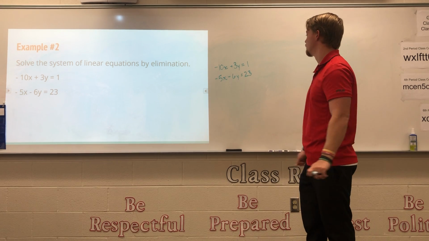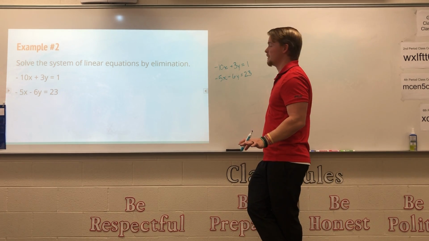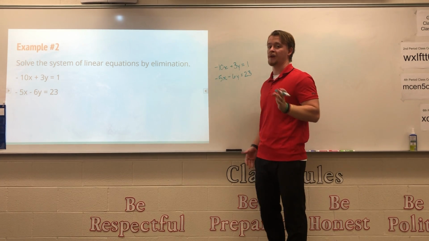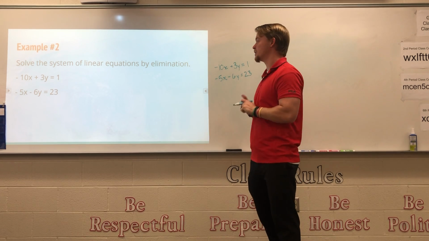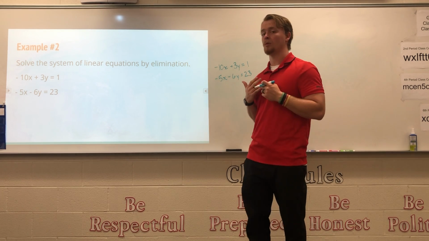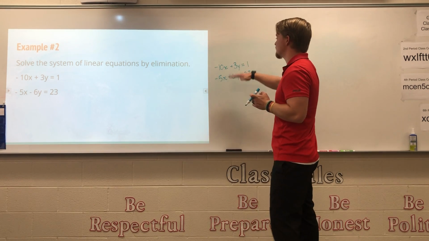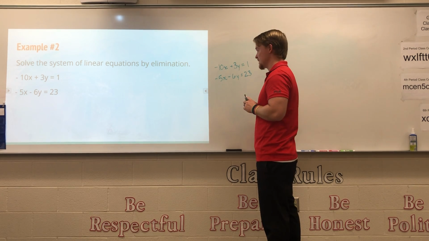Okay, so here we obviously see we do not have either variable with opposite or the same coefficients. So what you're going to have to do is multiply one or both to see if you can get either the x's to have the same or opposite, or the y's to have the same or opposite.